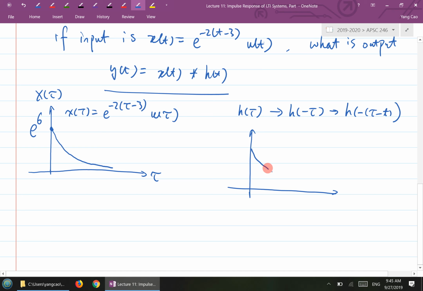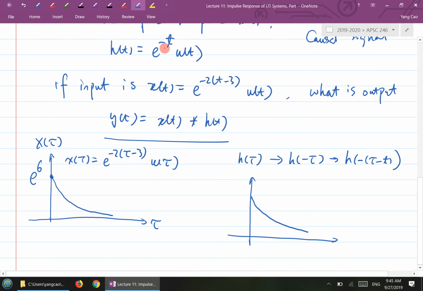What is h of tau? h of tau equals e to the power negative tau times u of tau. Again, find the special point at tau equal to 0. When tau equals 0, e to the power 0 is 1. So that's just 1 over here.